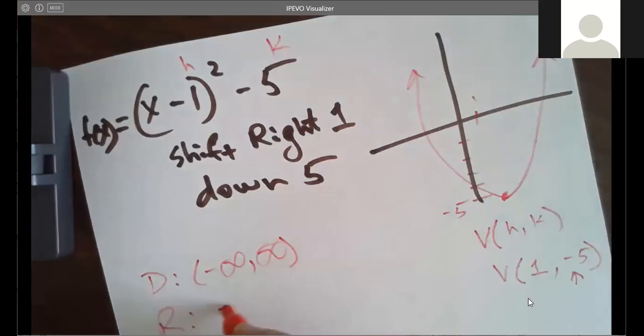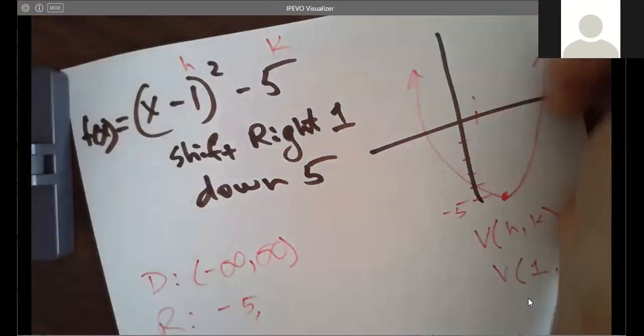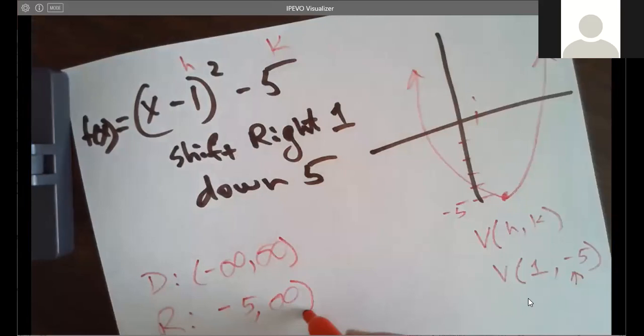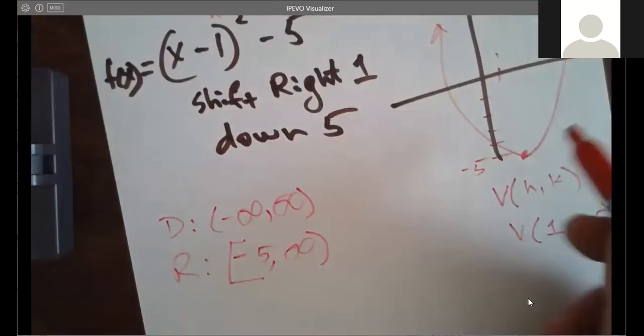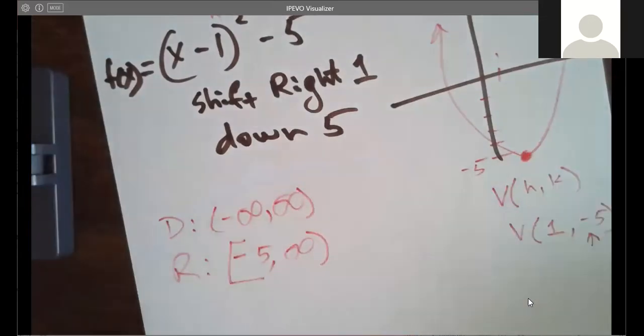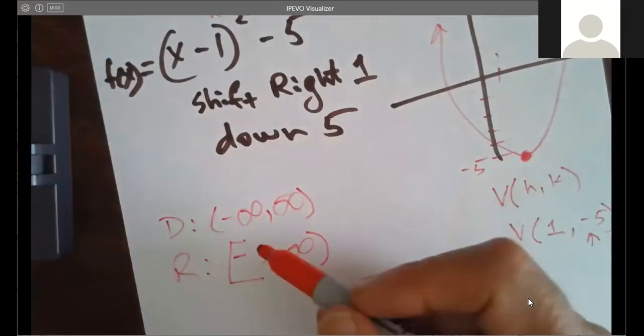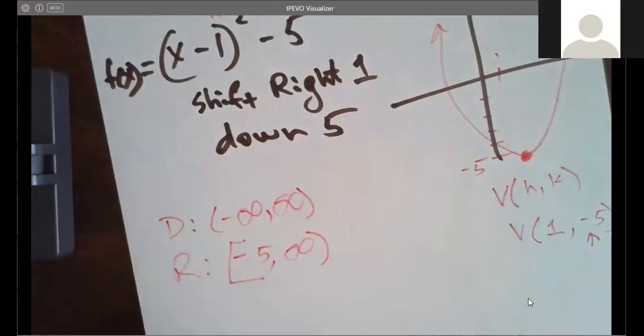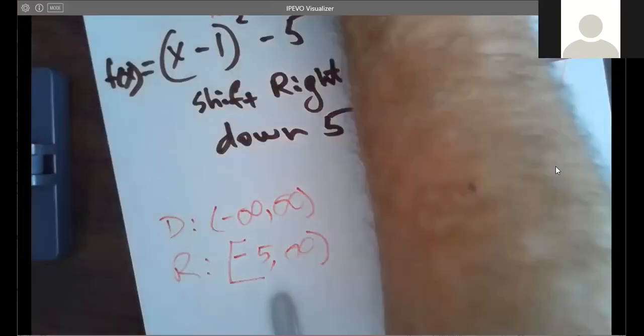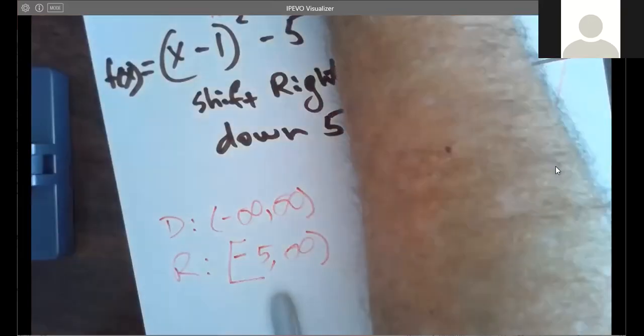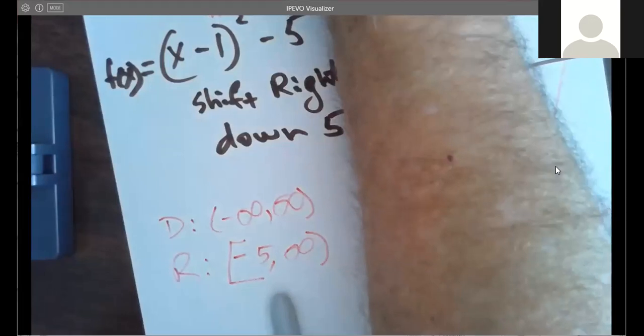So this would be negative 5, and because it's opening up, it's going to go towards positive infinity. And it's going to be closed because this is a definitive point. So it includes negative 5 and it moves up to infinity. Alrighty. Any questions with that? Alright.